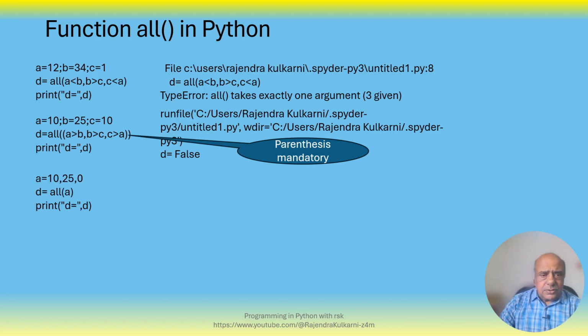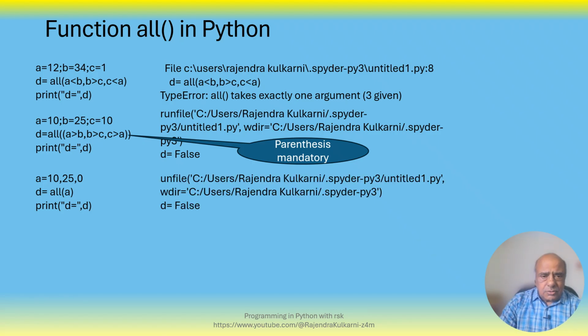Now in this case, D is equal to all A, where value of A is 10, 25 and 0. So there is a 0, all A will be false.